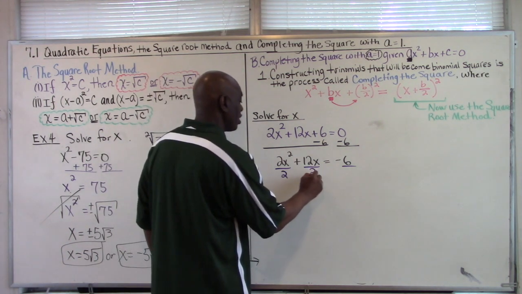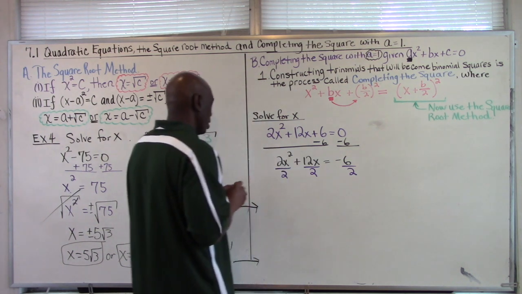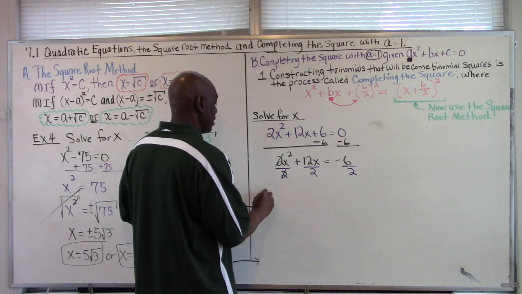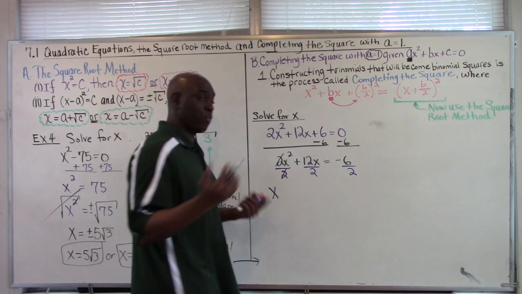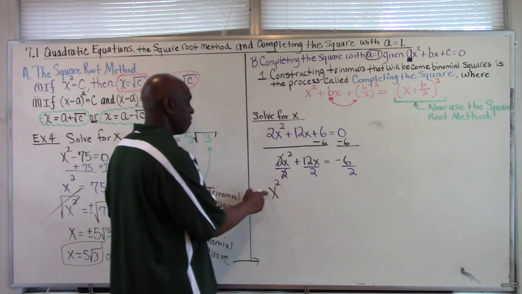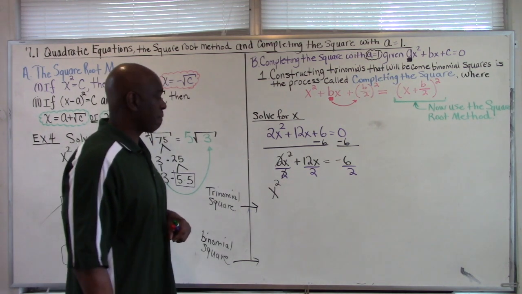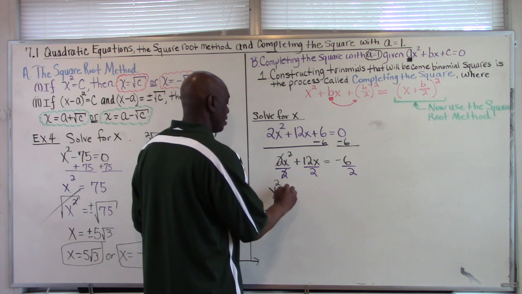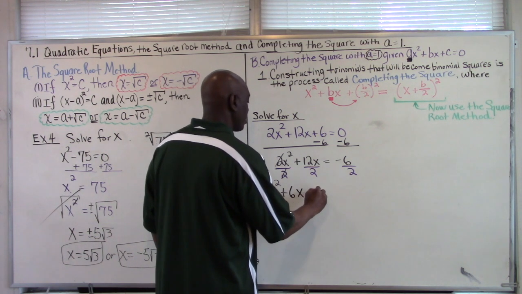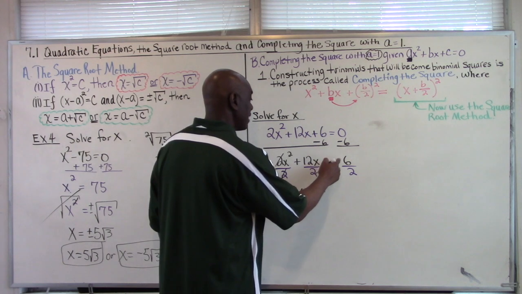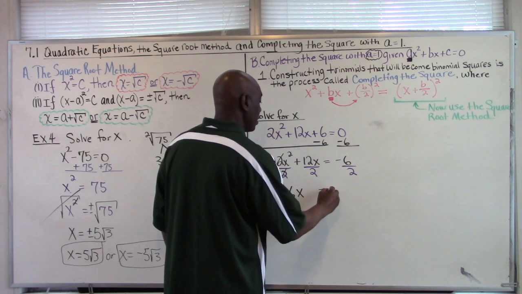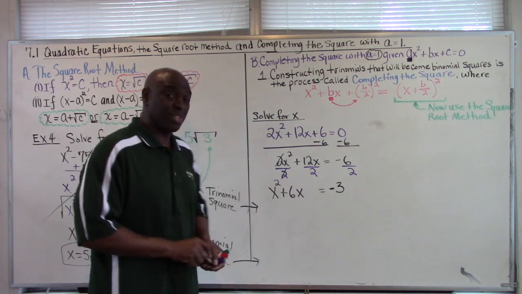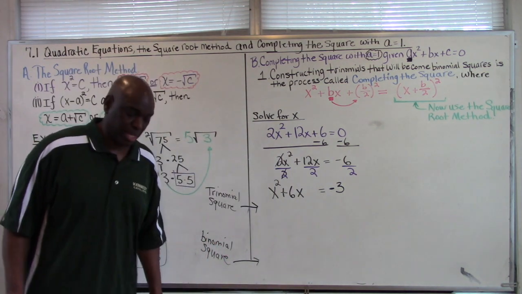So I must get rid of that lead coefficient of 2 and produce a 1. And so the 2's cancel out. And guess what? Congratulations. I have my 1x squared there. Great. All right. Plus 12 divided by 2, 6x. And what does that equal? Negative 6 divided by 2 is negative what? 3. All right. And so once again, ladies and gentlemen, we are set up now.